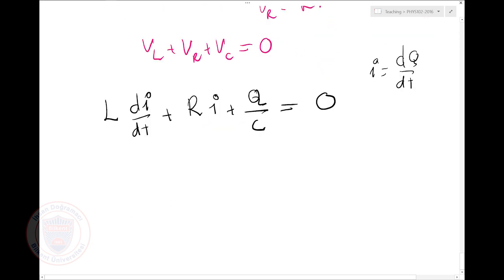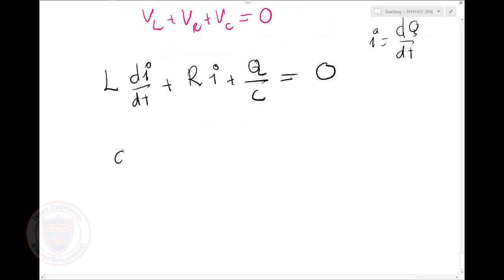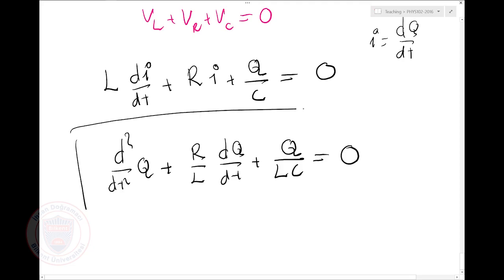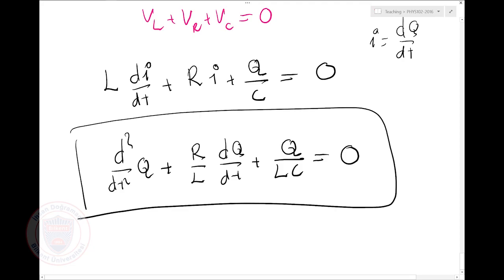So what do I have here? d squared q by dt squared plus R over L dq/dt plus q divided by LC is 0. That is going to be my differential equation I need to solve.